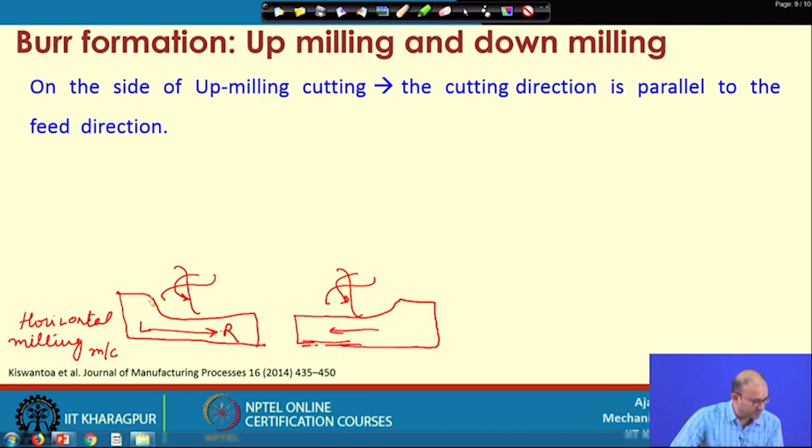Now, consider this cutter is going down and then this is called down milling. When the cutter is rotating in the anti-clockwise direction, but your workpiece is moving from right to left side, at that time this is called up milling, right.